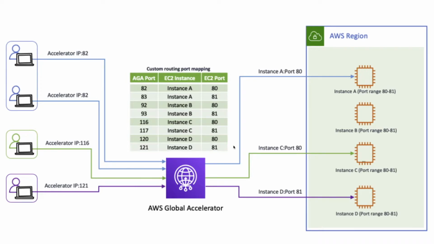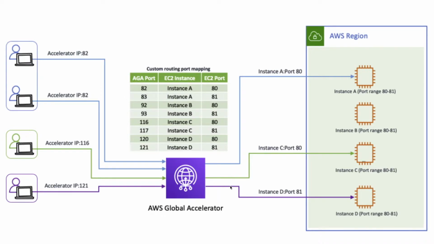Similarly, port 82 will be mapped to the instance B IP address port 80, and port 83 will be mapped to instance B IP address port 81. So it will be one-to-one mapping. Each port of the AGA listener will be mapped to the IP address plus port of an instance. Like in this table, I'm showing that, suppose port 82 will be mapped to instance A port 80, port 83 of AGA will be mapped to instance A port 81, and so on.